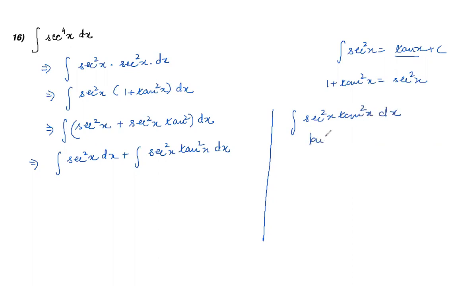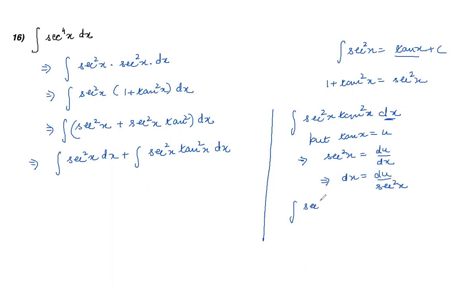I can put tan x is equal to u. So what is the differentiation of tan x? I'll differentiate both the sides to get the value of dx. So the differentiation of tan x will give me sec square x, that is equal to du upon dx. Or finally I'll get the value of dx as du upon sec square x. Now I'll put the values back in the question.